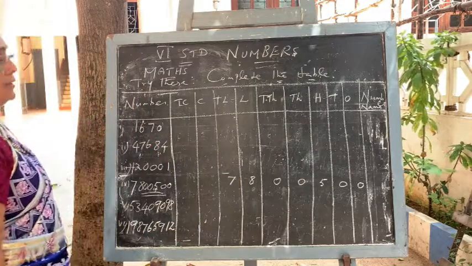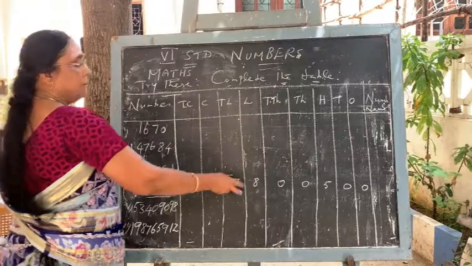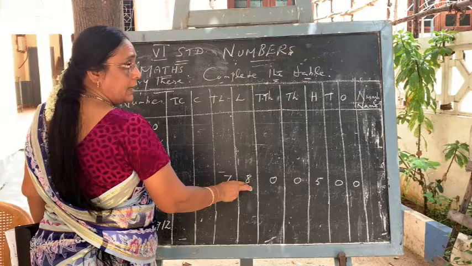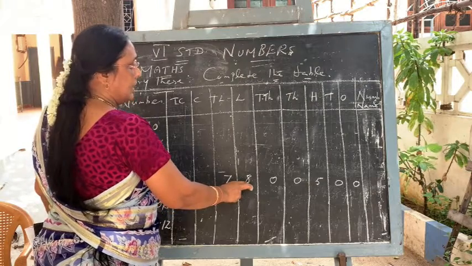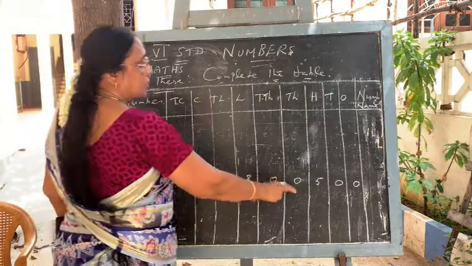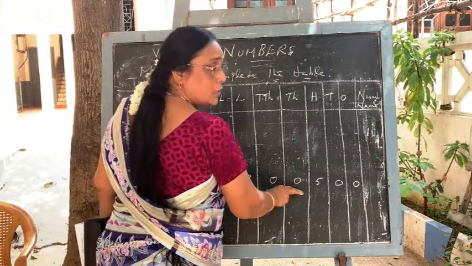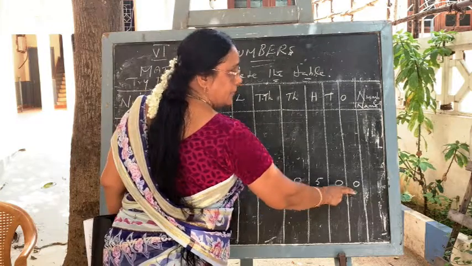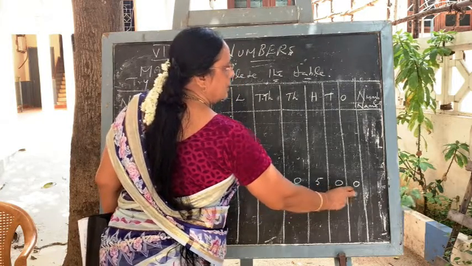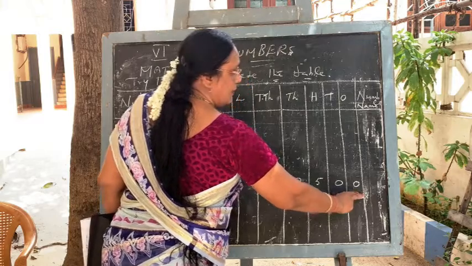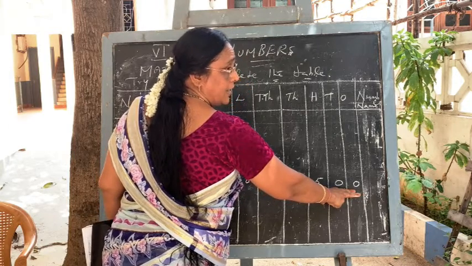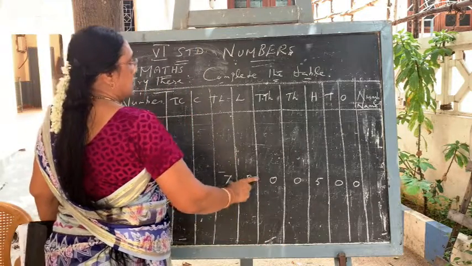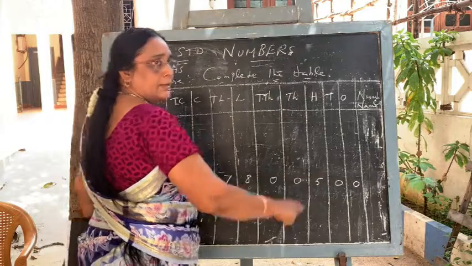Now can you read this? Yes. The number starts from 10 lakh. 7, 8. You have to take that as 78 lakh. Then for 1,000 and 10,000, 0 is given. So just take the 100 place, 500. In the 100 place, 5 is given. And for tens and ones, 0, 0. So I have to read this as 500. Right? How to name the number here? 78 lakhs and 500.